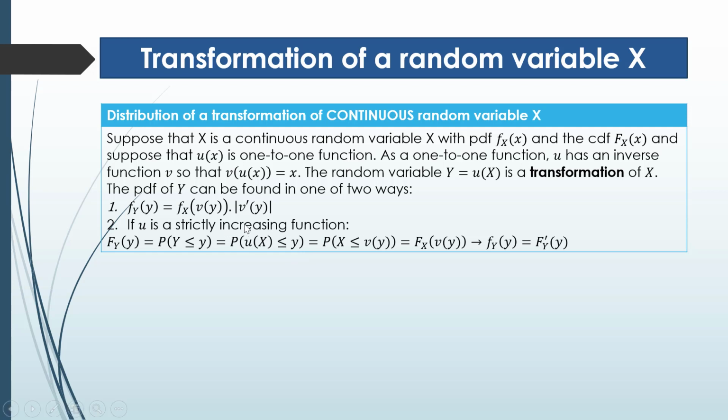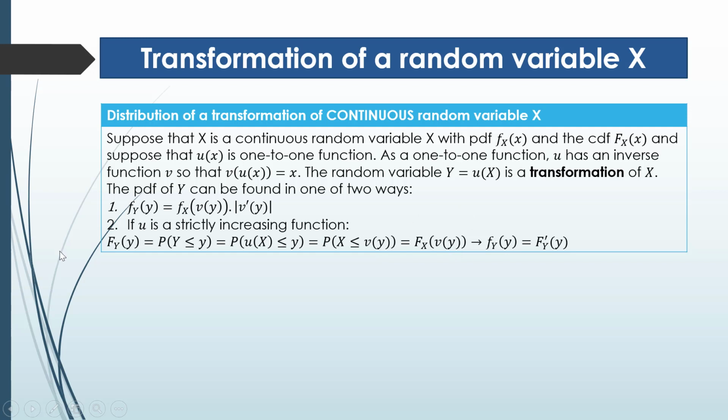Now since u is a strictly increasing function, u(x) less than or equal to y is equivalent to X less than or equal to u inverse of y. And u's inverse is basically v, because v is the inverse function of u. So this becomes the probability that X is less than or equal to v(y), and we get the CDF of X at the point v(y).